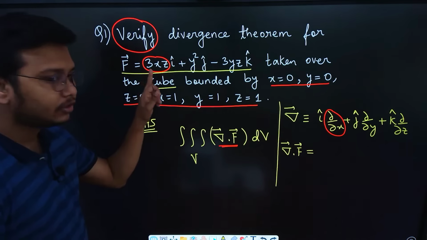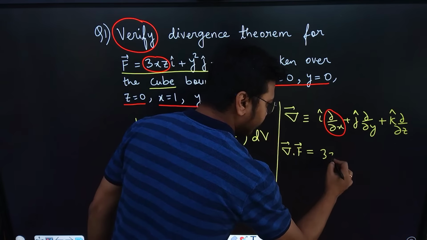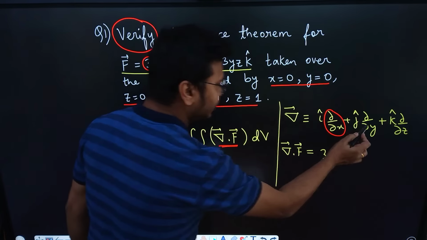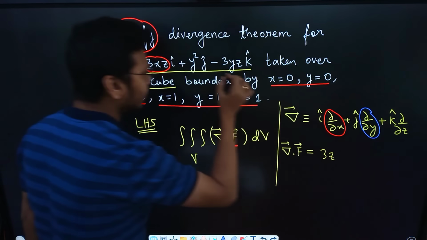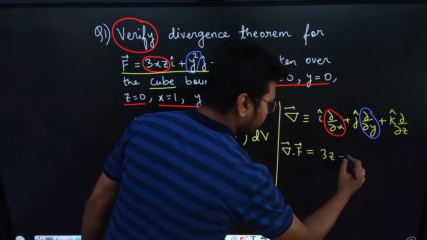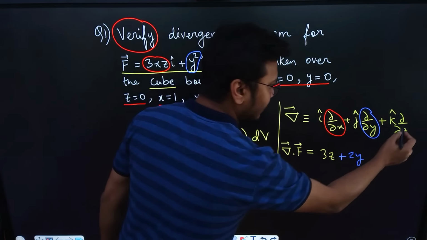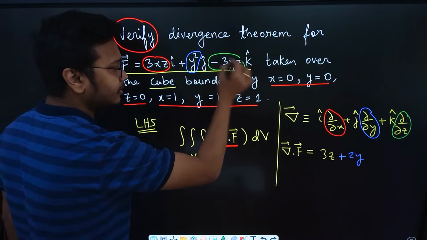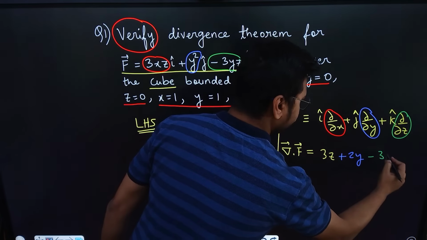Del/del x of 3xz is going to be 3z. Similarly, j cap with j cap gives del/del y of y squared, which is 2y, so plus 2y. Finally, k cap with k cap gives del/del z of minus 3yz, which is minus 3y.